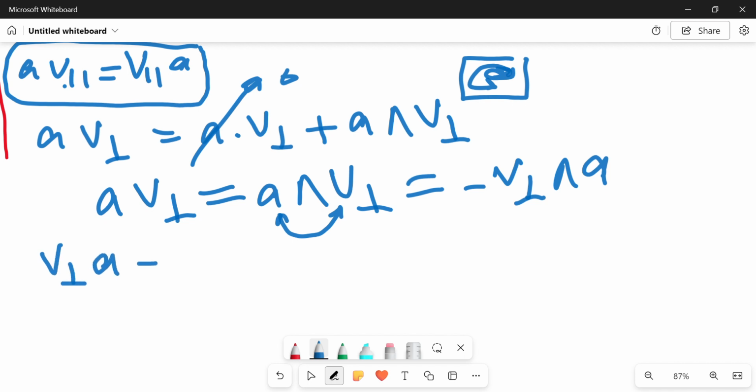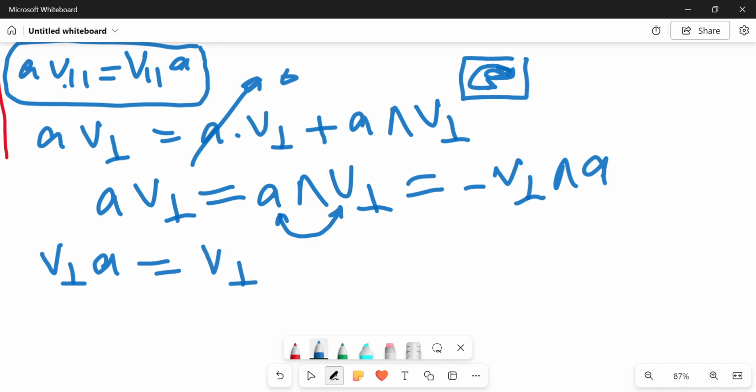Now let's take V perpendicular A. This is the geometric product. So you see the geometric product A V perpendicular is the same as the wedge product in one order, A wedge V perpendicular. But when I switch the other way around, you get a minus sign. Let's see what happens here.